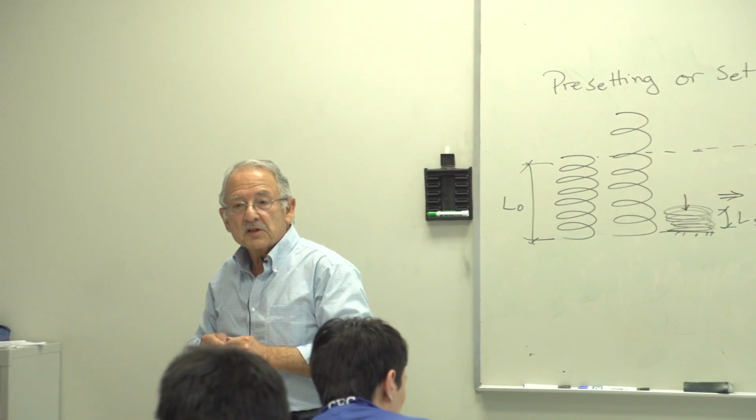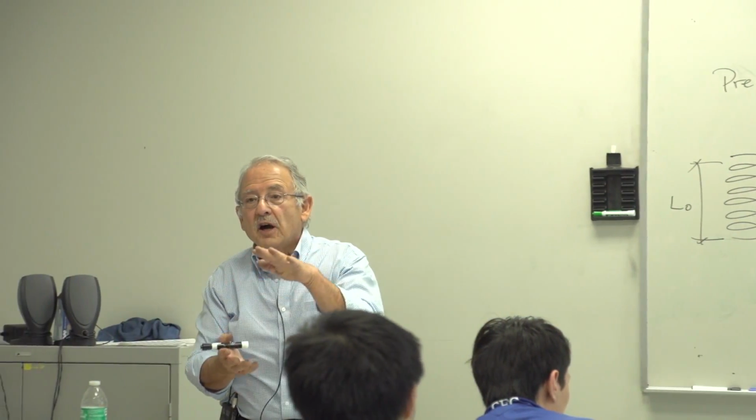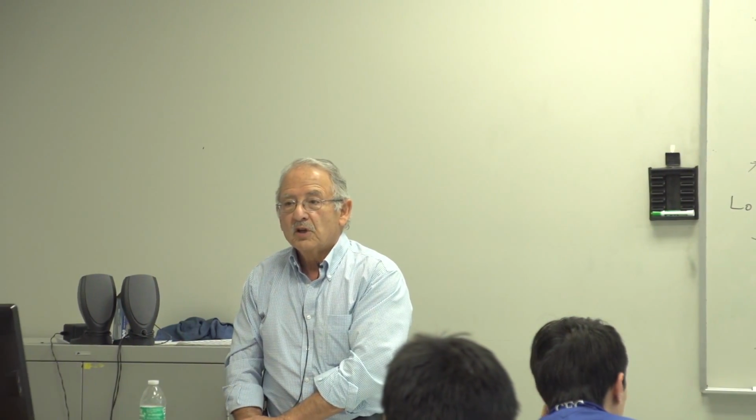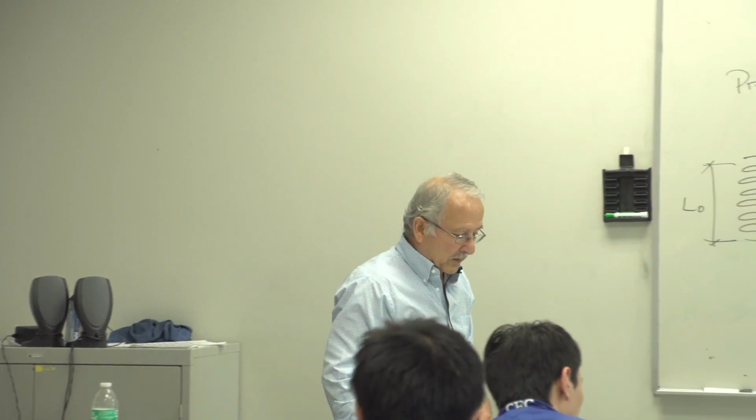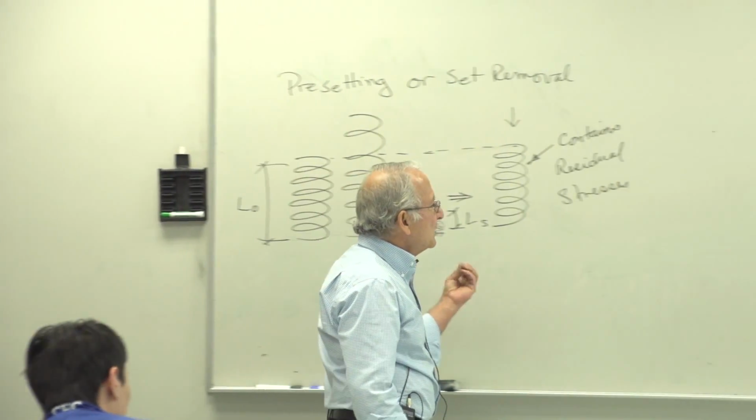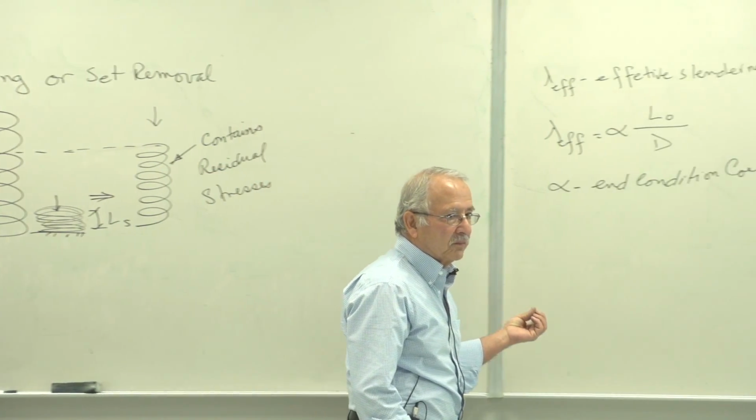What that means is you can apply a higher load to the material and still keep the stresses reasonably below the yield strength of the material. That's called presetting or set removal.